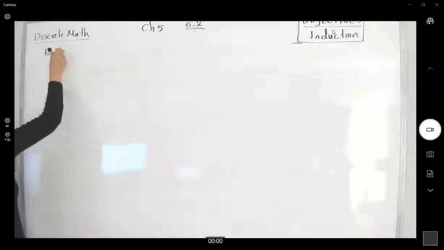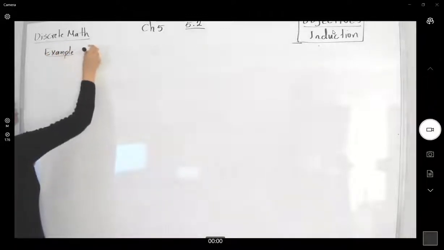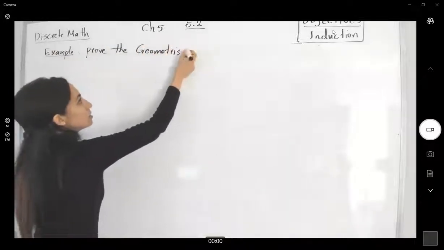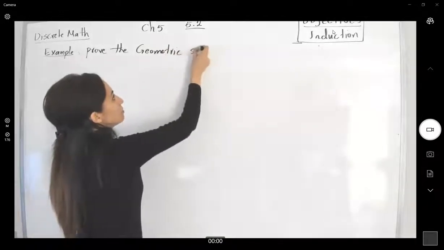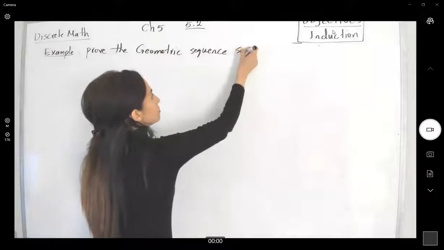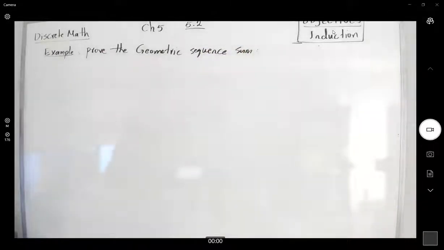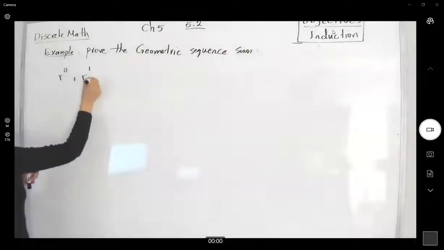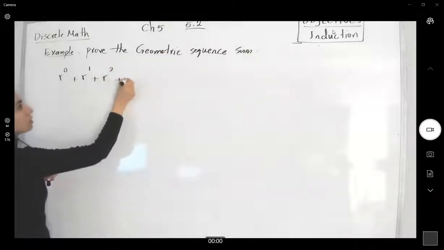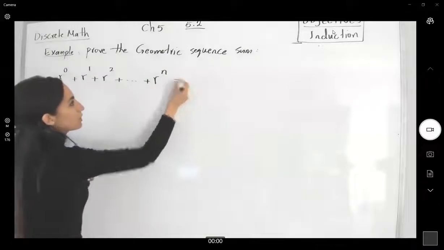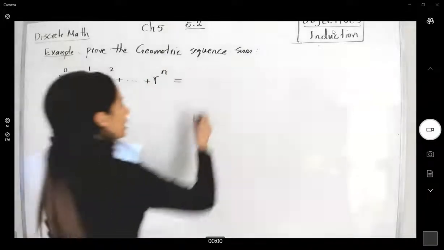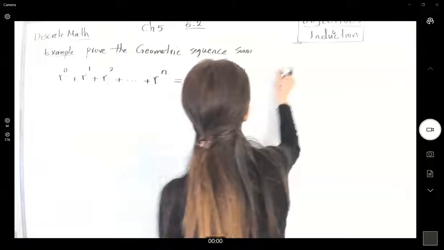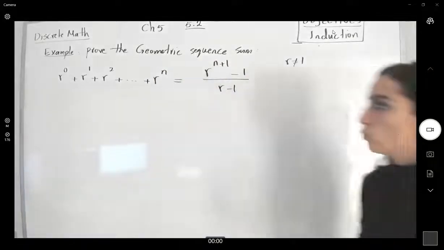Example. Through the geometric sequence sum, which is r to the power 0 plus r to the first power plus r to the second power plus dot dot dot r to the n power equals r to the n plus 1 minus 1 divided by r minus 1, and r is not equal to 1.